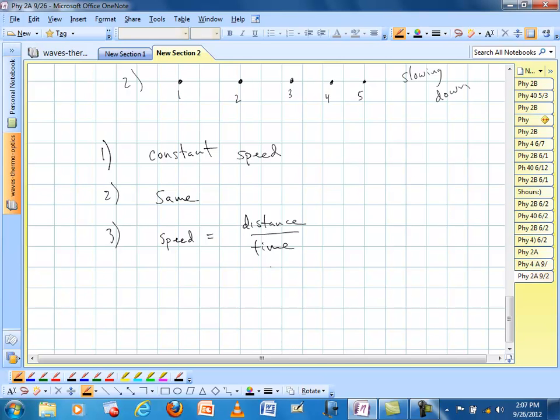Yeah, so speed, distance over time, right? They all have the same amount of time, so the one that covers a longer distance is going faster. Okay. How far did the object that generated diagram D travel in 1/20th of a second? 2/20ths of a second. 3/20ths.